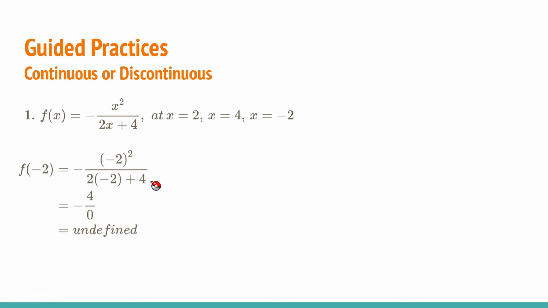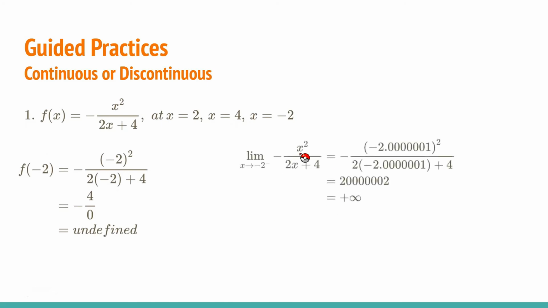So just from here, we could already say that the function is discontinuous at x equals negative 2. So let's proceed to finding the limits. If we just try to replace x with negative 2, we'll just get an undefined.